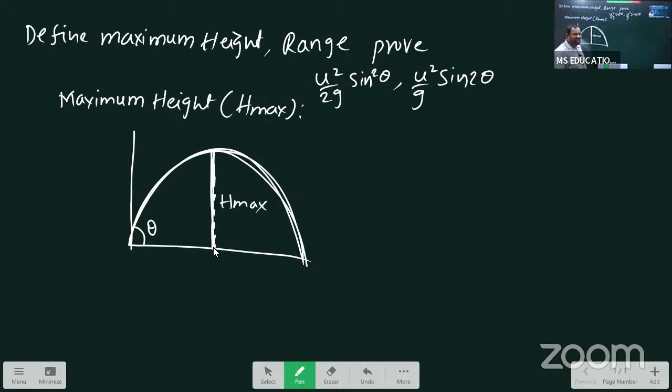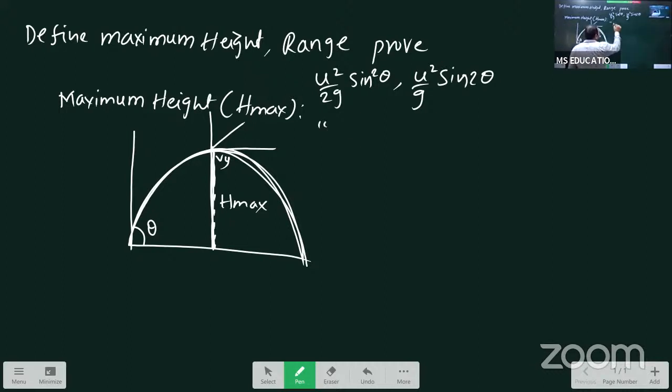Maximum vertical displacement traveled by a projectile, where, dear student, this one going upwards, here Vy, the vertical component, for a fraction of a second, velocity becomes 0. Here what is the velocity? Vy component, nothing but sin theta.